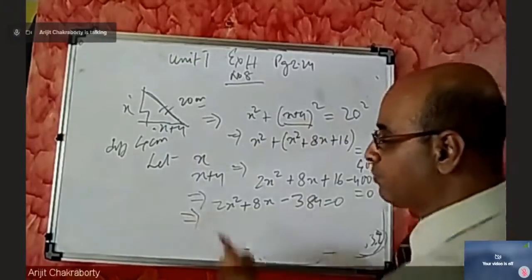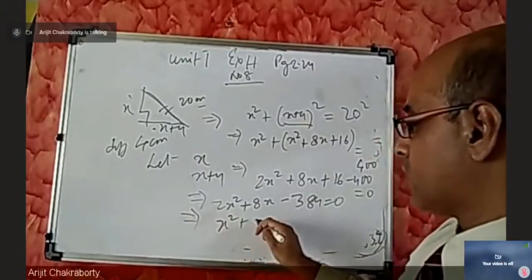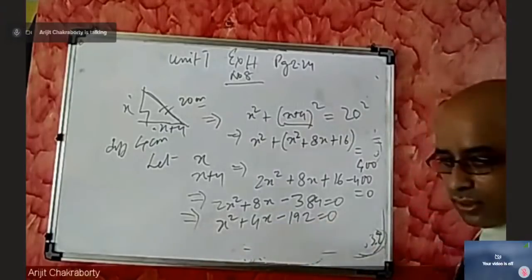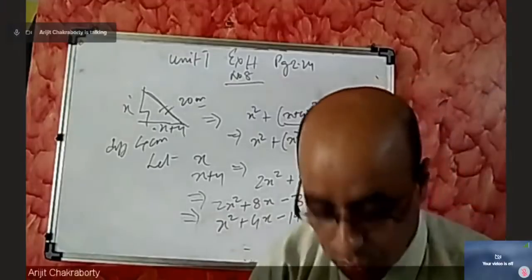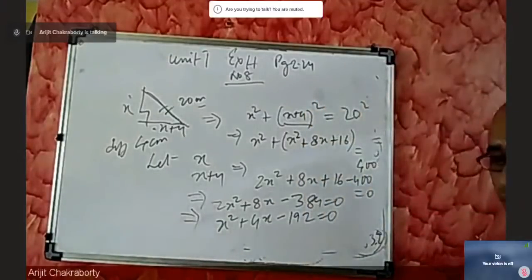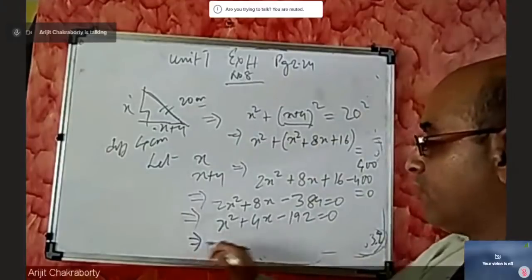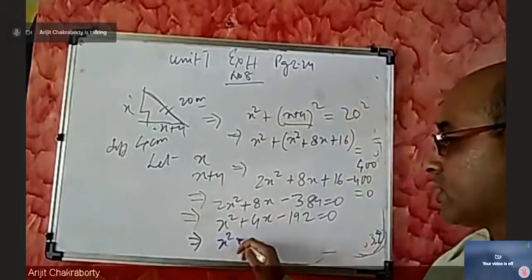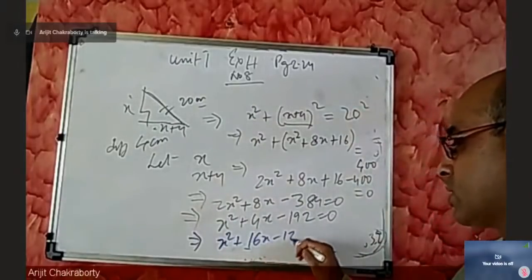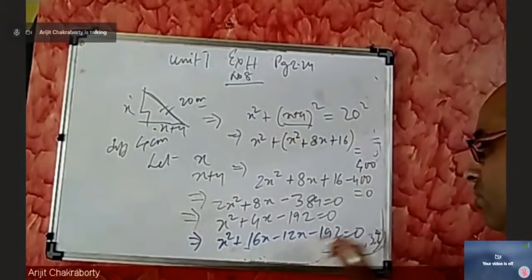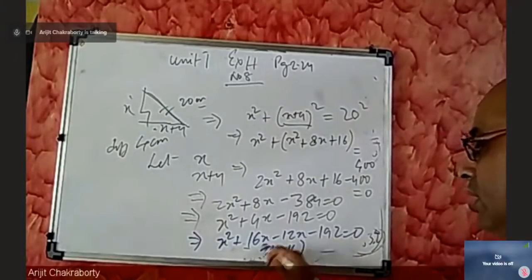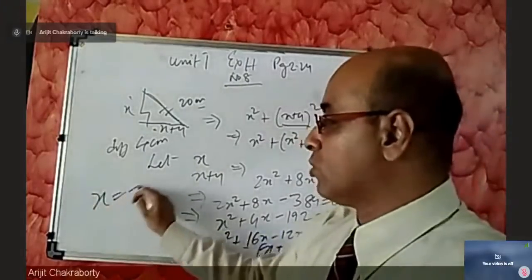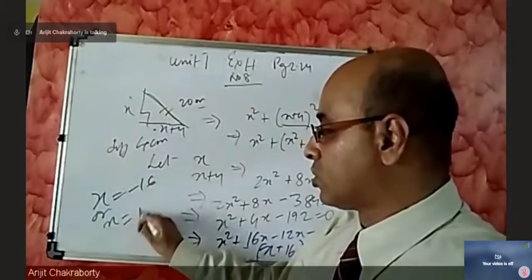If you divide by 2, you get x square plus 4x minus 192 is 0. I think we are correct so far. Now, this can be split. It's a quadratic equation, we did some sessions back. So x square plus 16x minus 12x minus 192 equal to 0. This gives us x plus 16, x minus 12 equal to 0, which means either x is equal to minus 16 or x is equal to 12.